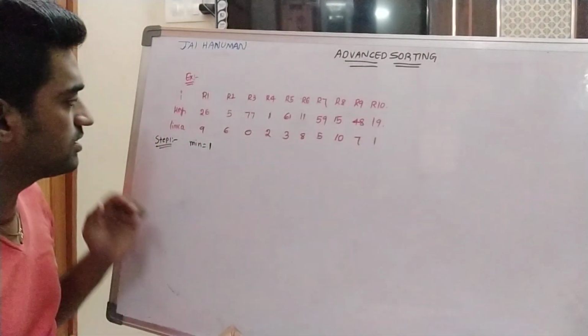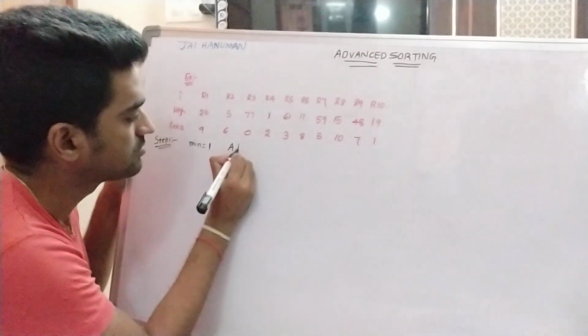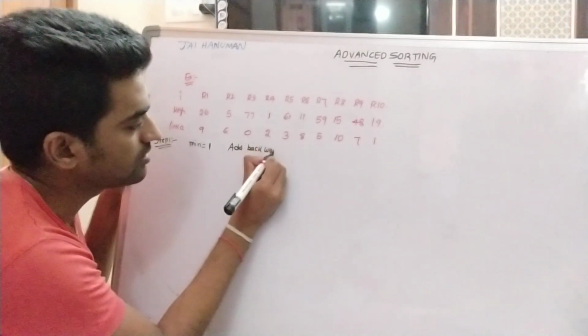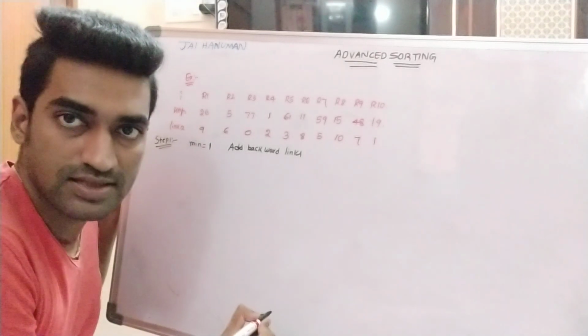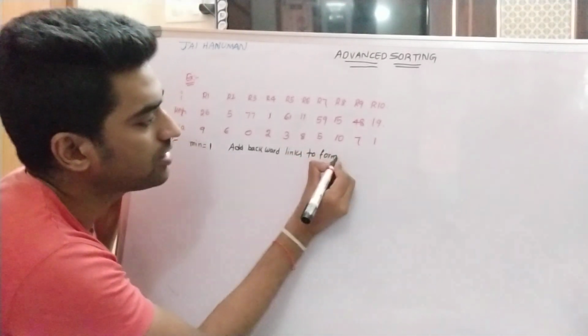So after finding the minimum element, add backward links to form a double linked list.